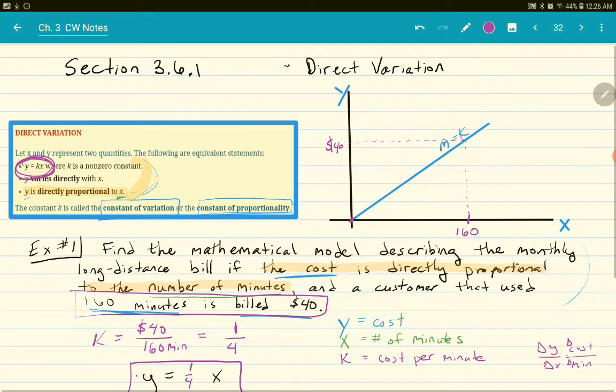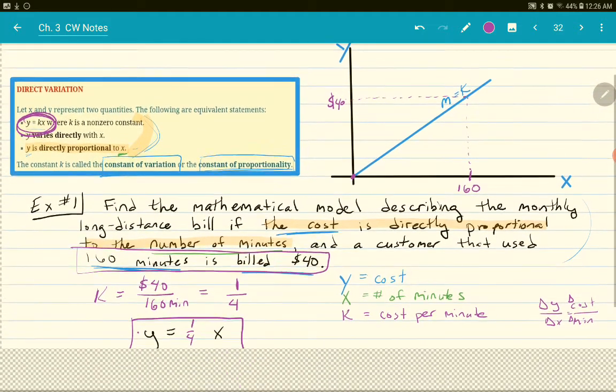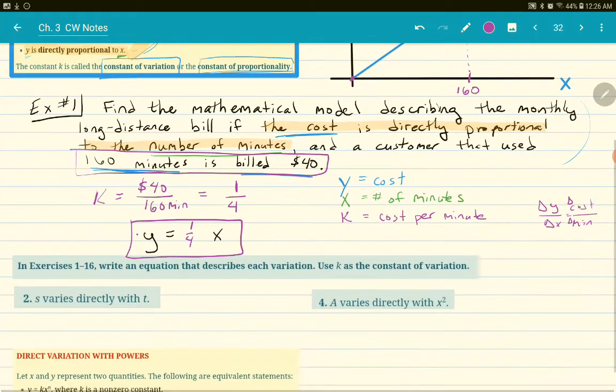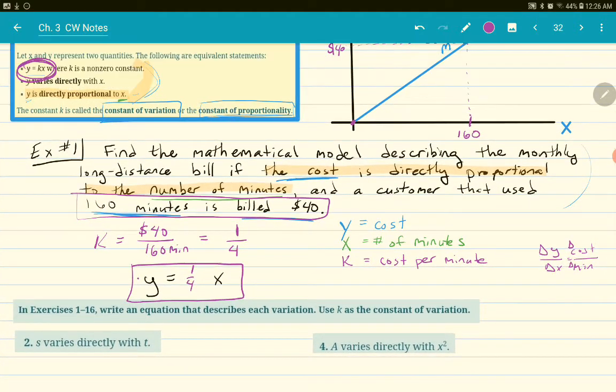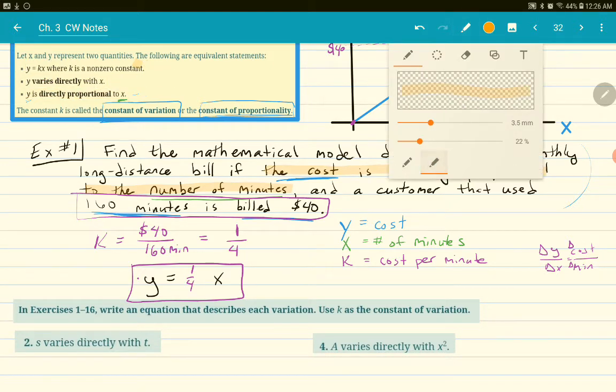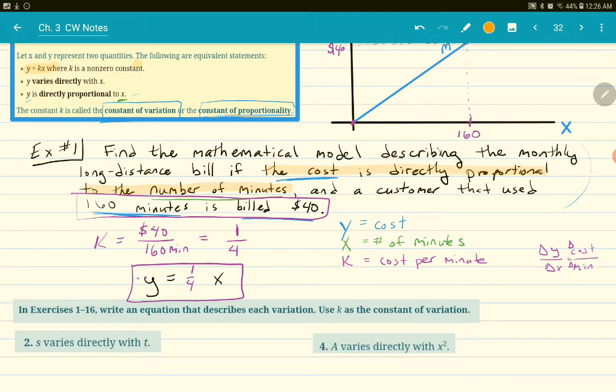In your homework exercises, you'll be asked questions like, write an equation that describes each variation. That brings us back to this equation right here using either of these words. In this sentence we have S varies directly with T, similar to y varies directly with x.